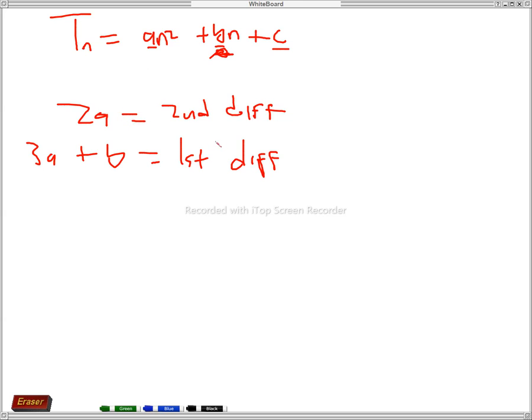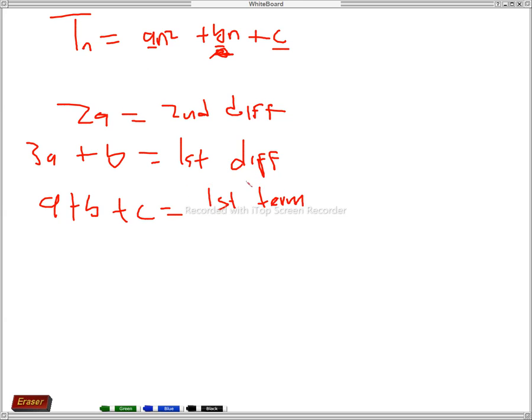I guess you understand. If you don't like the style, you can comment there and I will change it. Lastly, in order to find C, A plus B plus C equals the first term.